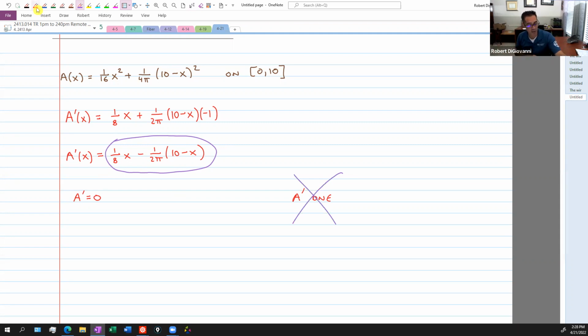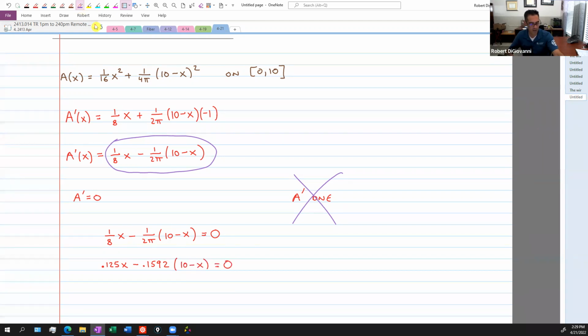But I am going to have to set that equal to 0. So 1/8 x minus 1 over 2 pi times 10 minus x equals 0. I'm going to convert all of these fractions to decimals, because I think it's going to look nicer to you. This is 0.125x, that's 1/8 x, minus, 1 divided by 2 pi on my calculator is about 0.1592, then I have 10 minus x.